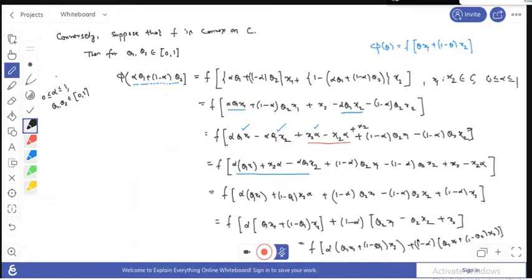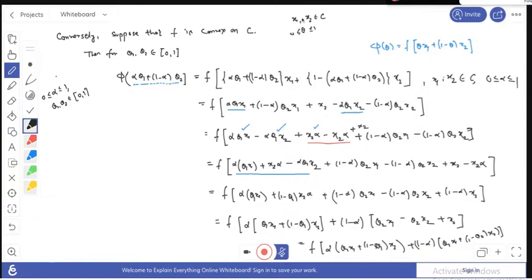You know that x1 and x2 belong to C, and theta lies between 0 and 1.